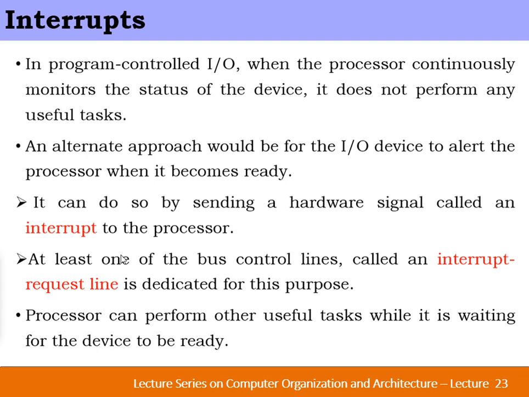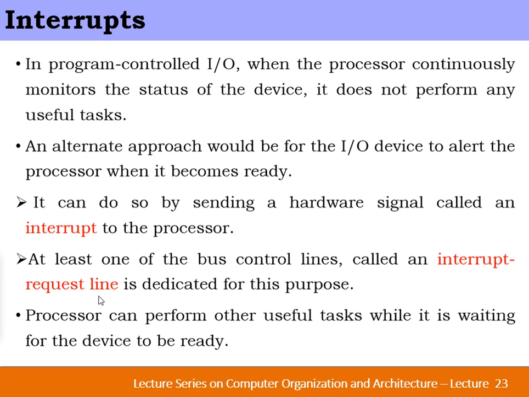This signal is transmitted on the bus, so at least one of the bus control lines, called the interrupt request line, is dedicated for this purpose. With the help of the interrupt request line, the interrupt signal is transmitted to the processor.